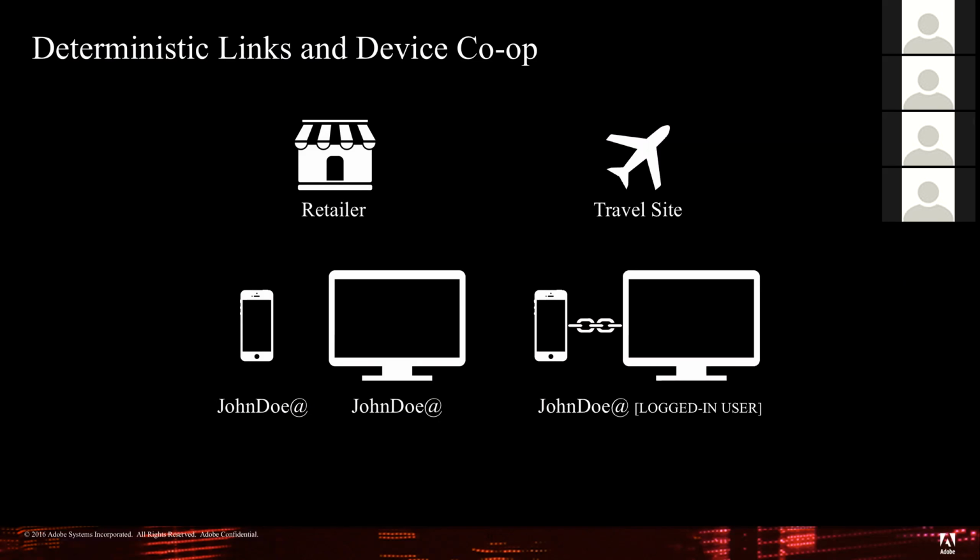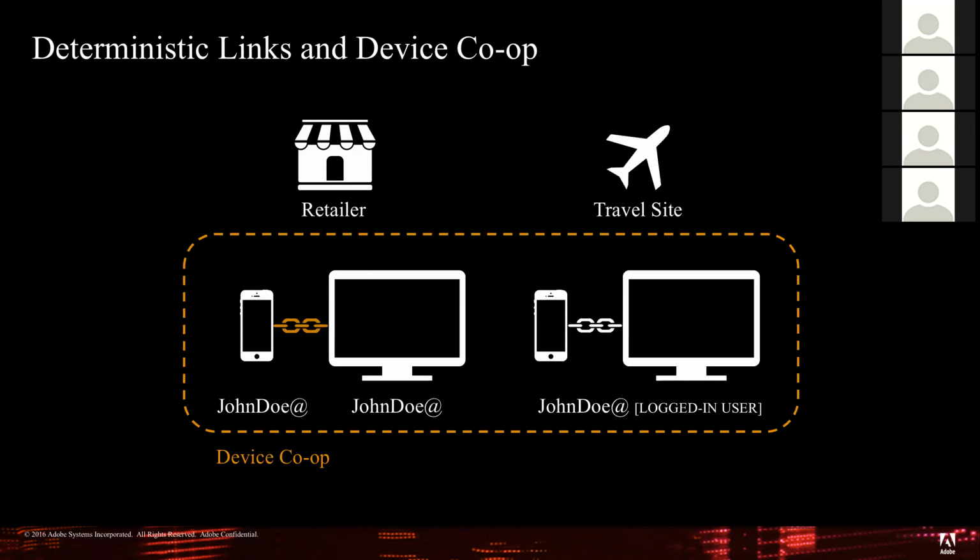Maybe they were printing a boarding pass, maybe they were trying to check into a room, but they were trying to do something. Well, with the device co-op, that retailer would then know that those two devices were associated with the same user. So if the user had been on the desktop device and browsed and maybe left something in a cart or otherwise interacted with a particular product, they can then target on that mobile device based on that data.